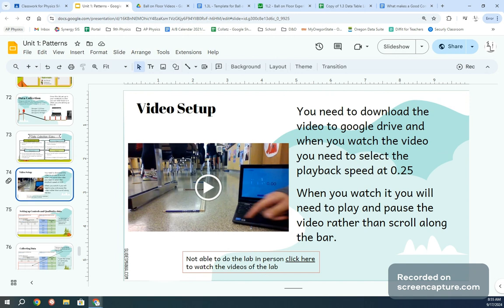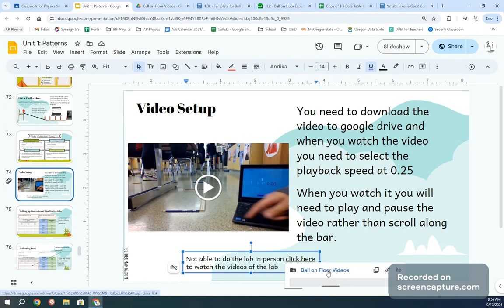All right, so we're going to go ahead and take a look at the videos that were collected since we won't be able to do the lab in person today. We've got a link that says click here, and that's what we're going to be looking at, this link right here. And if we click there, we'll be able to open up these videos.